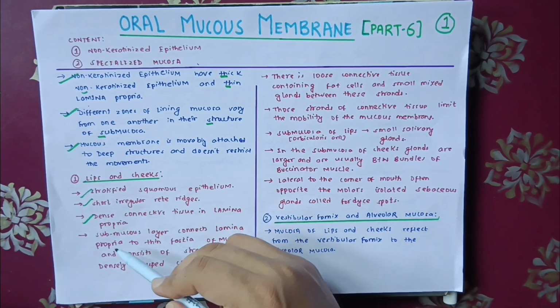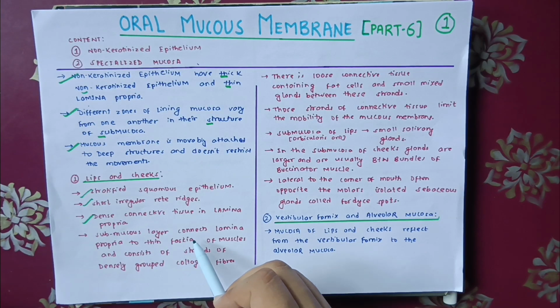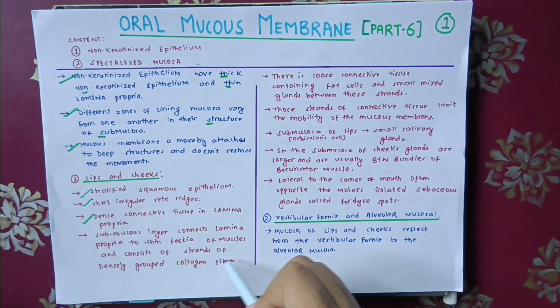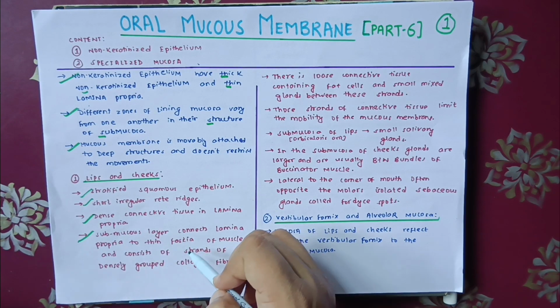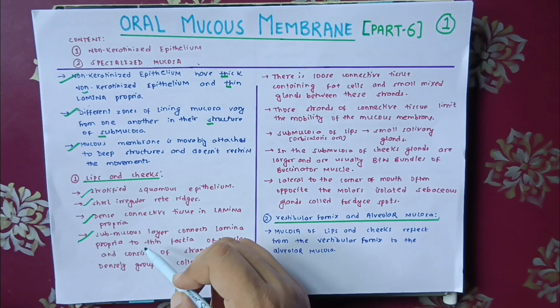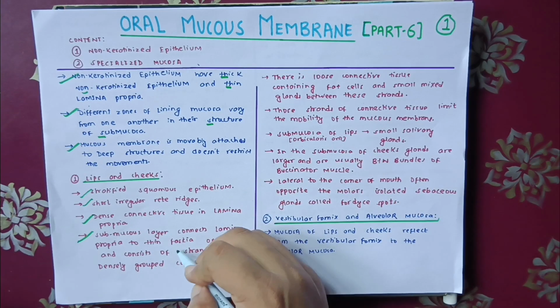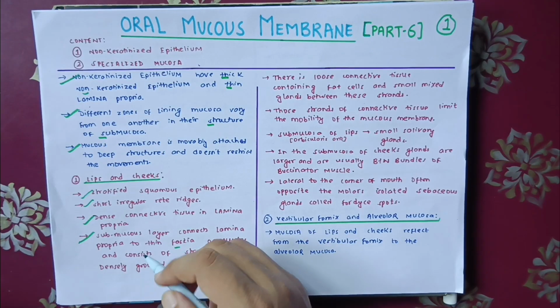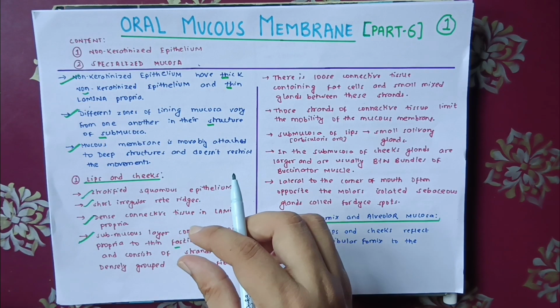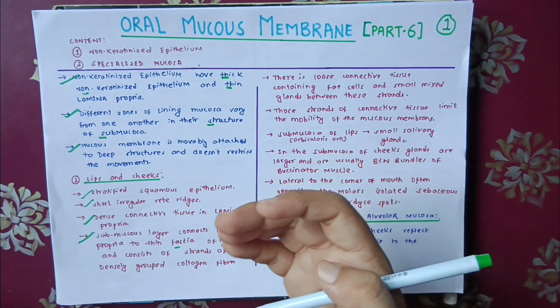After that, the submucous layer connects the lamina propria to the thin fascia of the muscle, and consists of strands of densely grouped collagen fibers. So the submucous layer connects the lamina propria to the muscular layer.